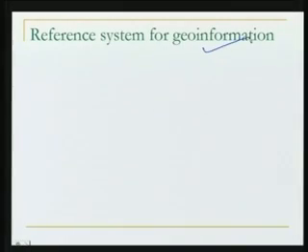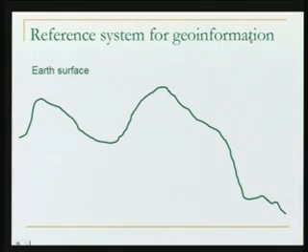So we'll try to see the reference system for geoinformation, because our aim here is to measure the geoinformation. So for geoinformation also we need a reference. Now what could be the reference for geoinformation? What our earth is. Let us say this is the surface of our earth.